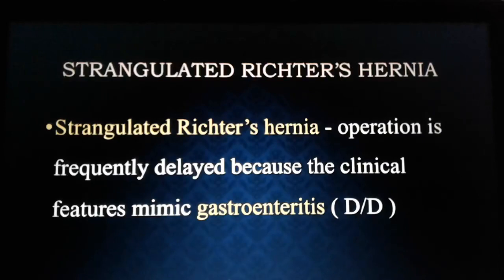And this is why gangrene of the knuckle of bowel and perforation occur before any operation we are going to do in these types of patients. So most of the time perforation is already there while managing strangulated Richter's hernia, especially when it complicates the femoral hernia, right?